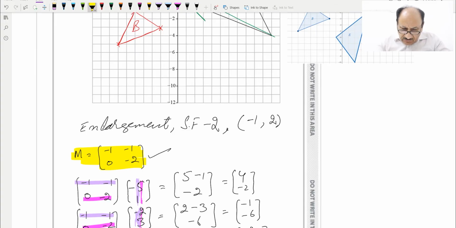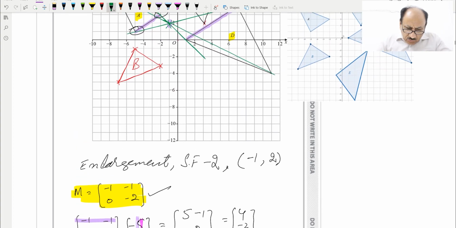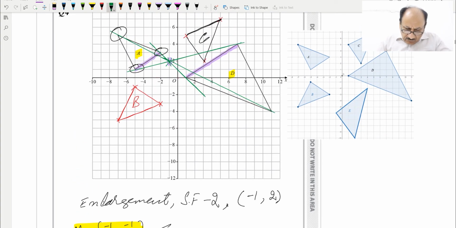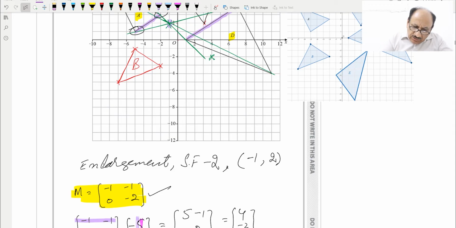We got these 3 points, and we can indicate these 3 points on the grid. 4 and minus 2 will be this point which we have indicated over here, and next is minus 1 and minus 6. Sorry, minus 1 and minus 6 is not this point.